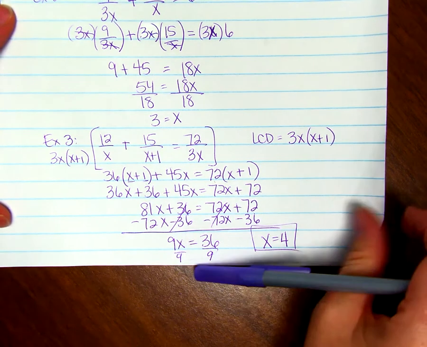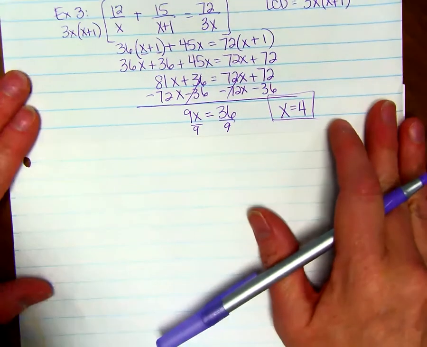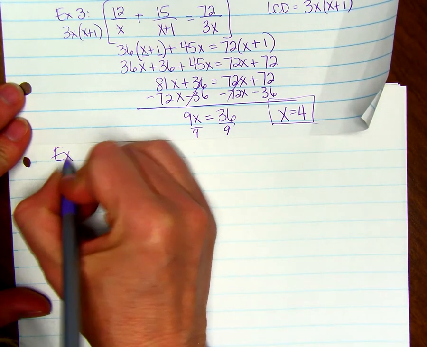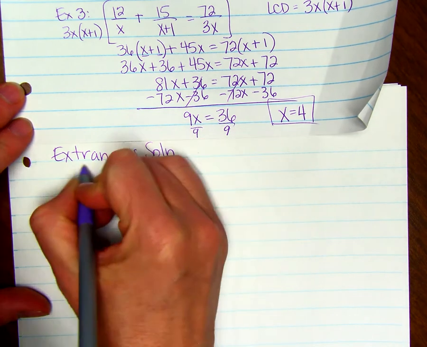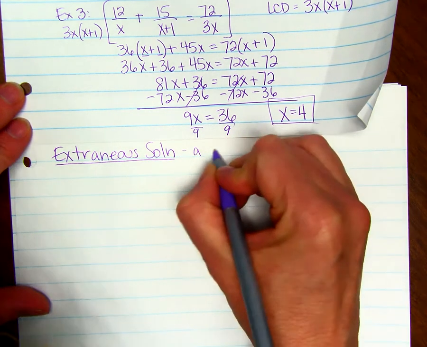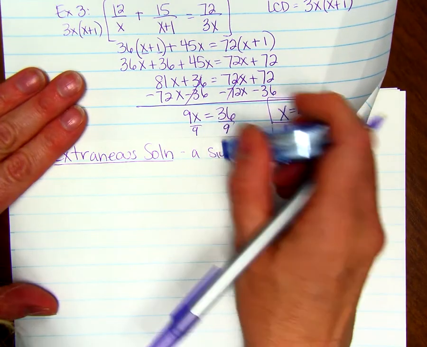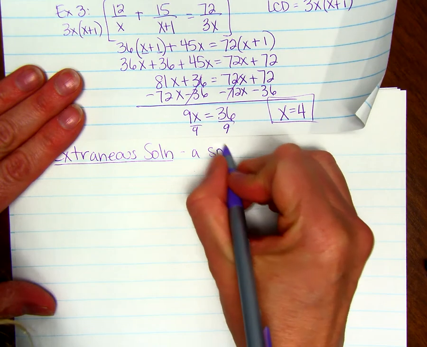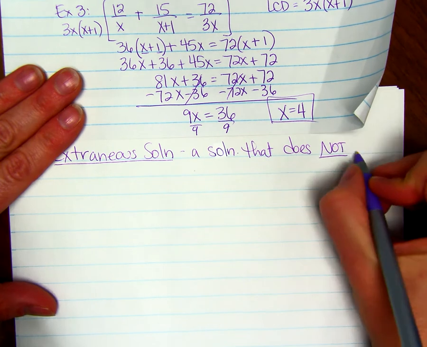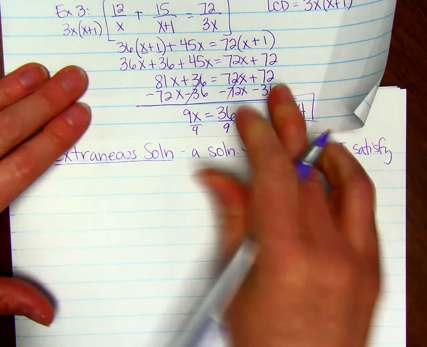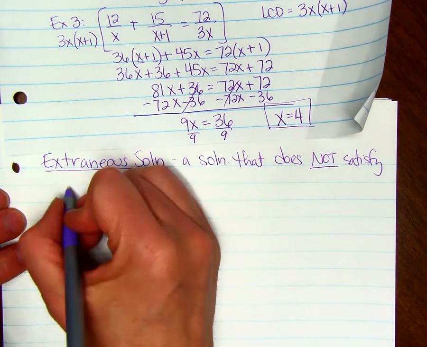Now sometimes when you solve, there is a solution that will not work in the original equation. Those are called extraneous solutions. An extraneous solution is a solution that does not satisfy the original equation.